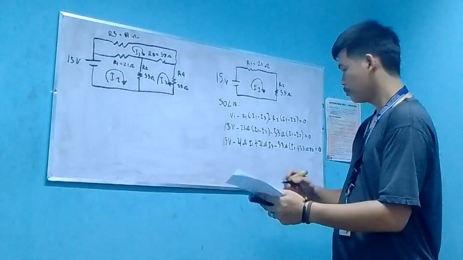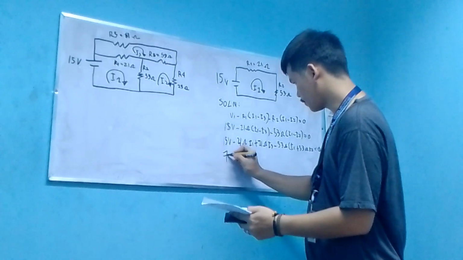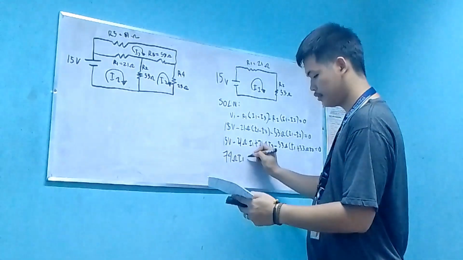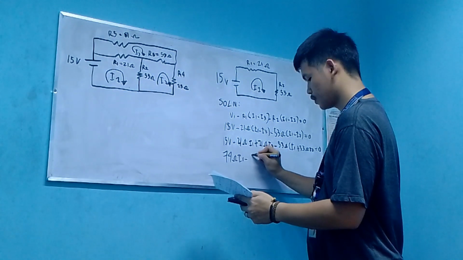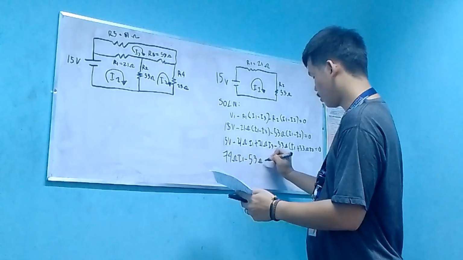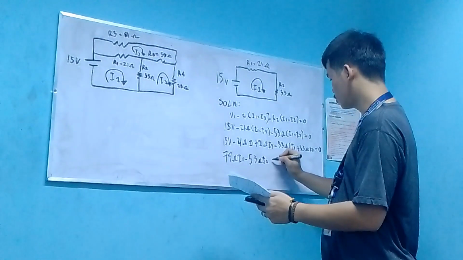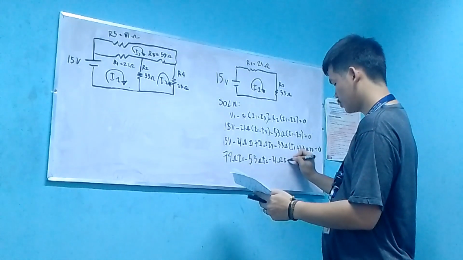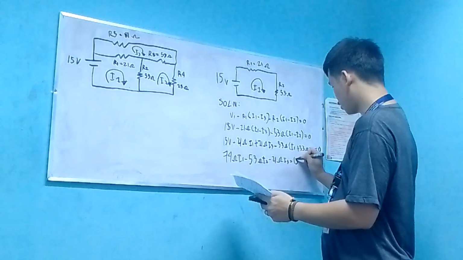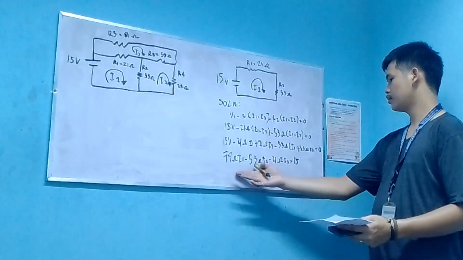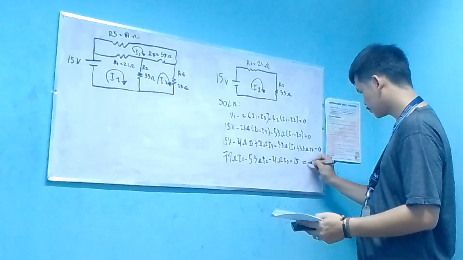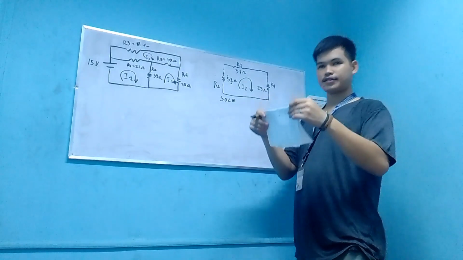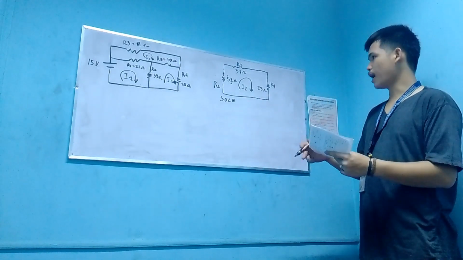So 74 ohms for I1 minus 53 ohms for I2 minus 21 ohms for I3 equals 15 volts. So this is our loop 1.